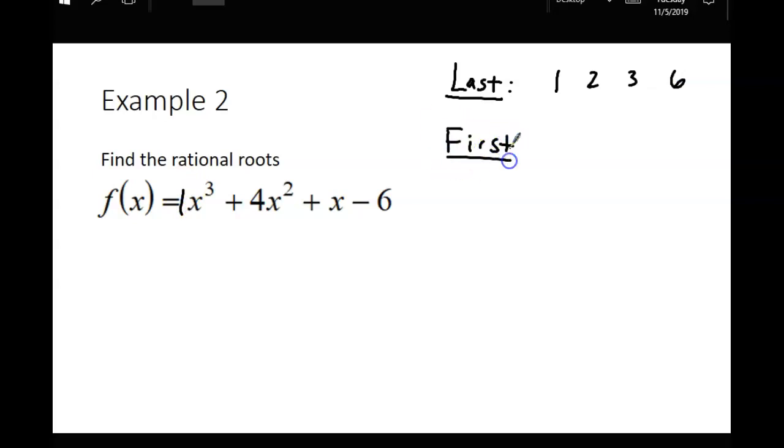What numbers divide into 1? Just 1. We're good. Okay. Now what we're going to do is we're going to do all of our possibilities. First over last. So it could be 1 over 1. Oh, I wrote this backwards, you guys. It's supposed to be last over first.